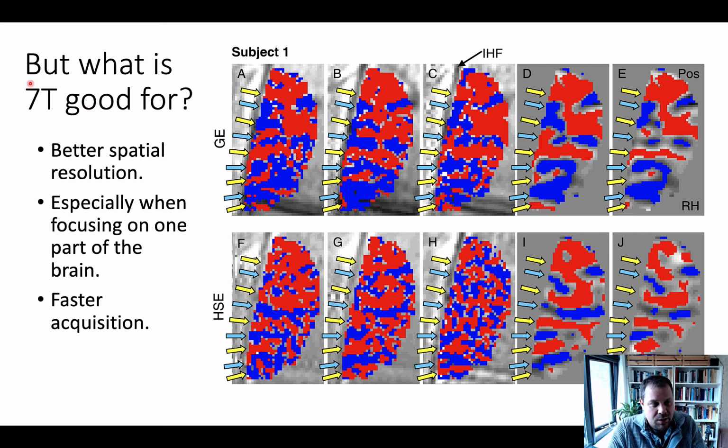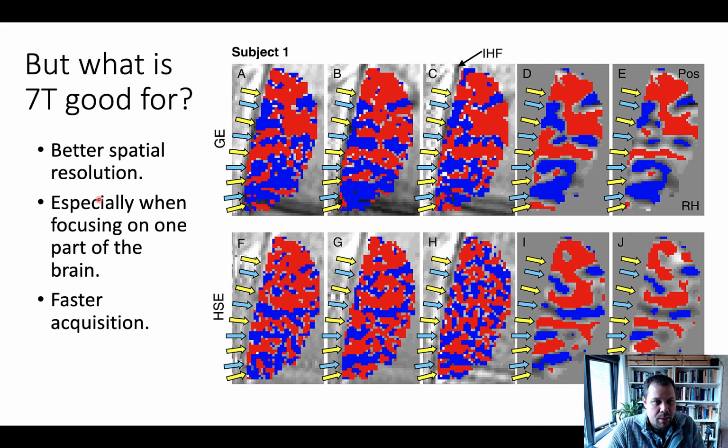But at 7T, we can actually quite nicely, and you can see this, pick it up with your naked eye, see that there is an organization into left shown in blue, or contralateral shown in blue versus ipsilateral stimulation within the visual cortex, and you can identify this using both types of sequences for the BOLD response. So maybe you have the highest spatial resolution in this type of image here, and then if you apply some smoothing, you can see this.